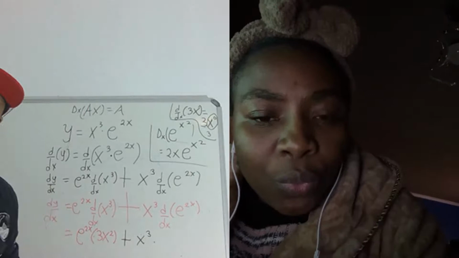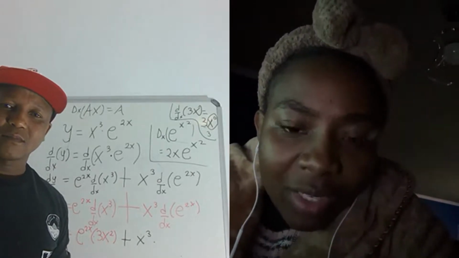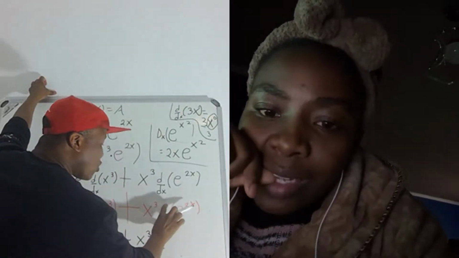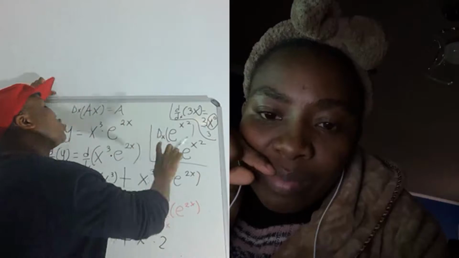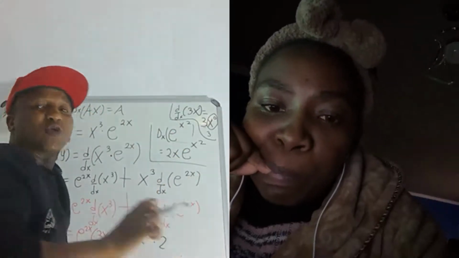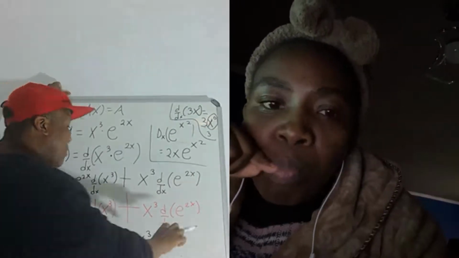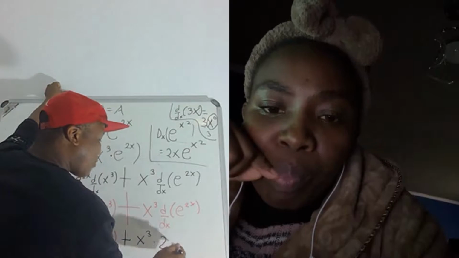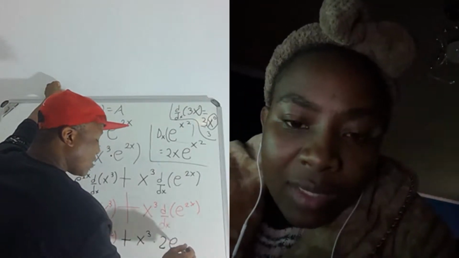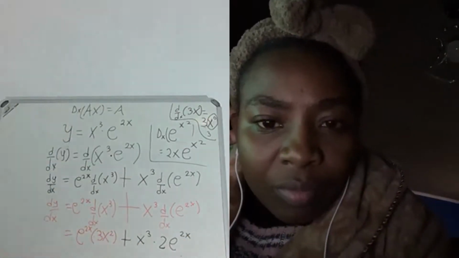We write it behind e, and this time we don't write d/dx because we have already done that process. So I write 2, and then e to the 2x, exactly. And I'm done already with the product rule.